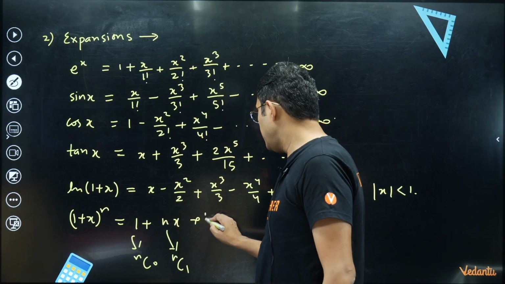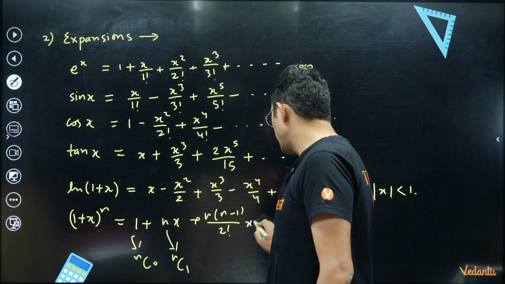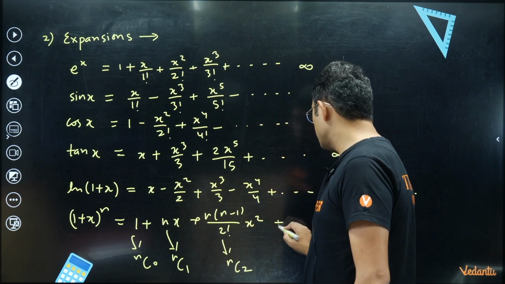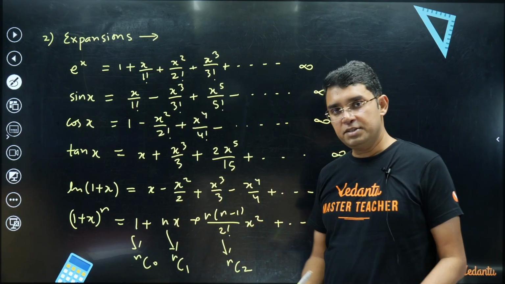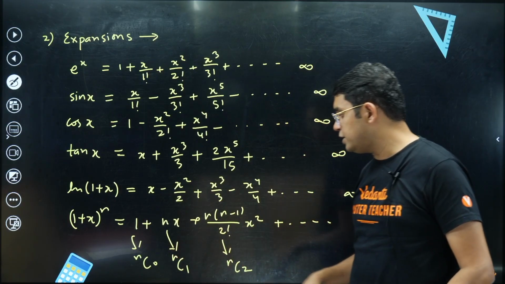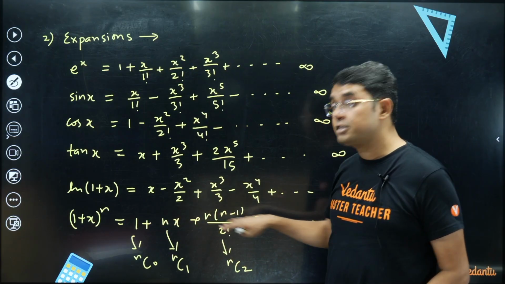And then n into (n minus 1) upon 2 factorial into x square, which is coming in place of nC2, and so on. So you can see (1 plus x)^n is just a binomial expansion where you replace nC0, nC1, nC2 with their expressions.